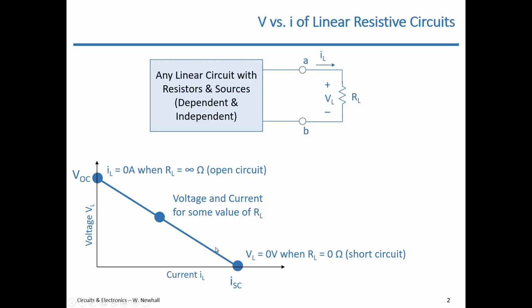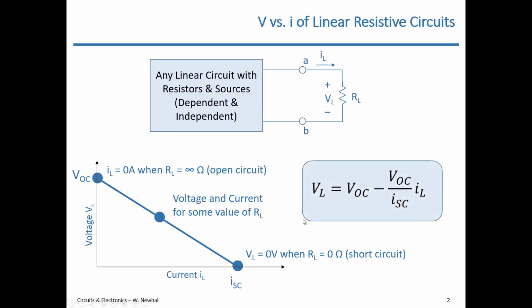So you can write an equation for that line, and that equation will describe the relationship between voltage and current. And here it is, V sub L equals VOC, right? That's the y-intercept there, the voltage axis intercept, plus the slope, which is negative VOC over ISC, times I sub L, right?